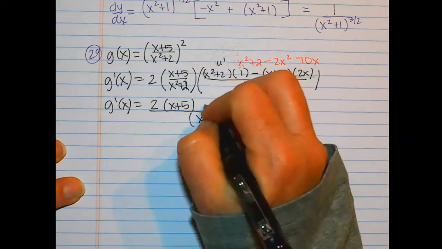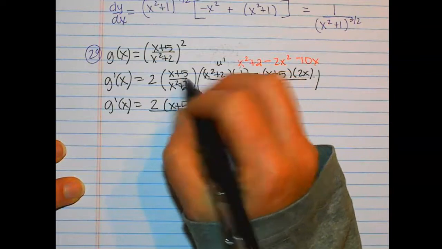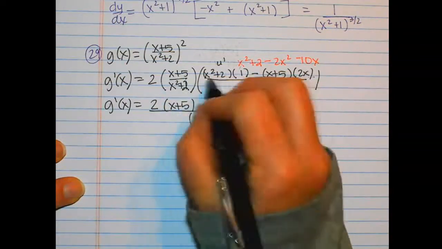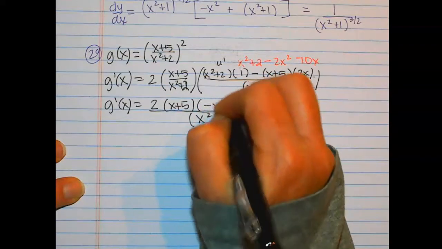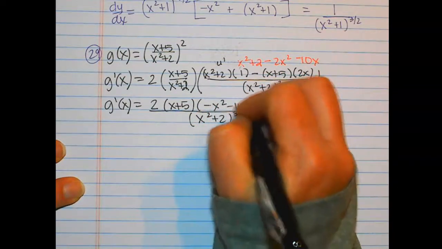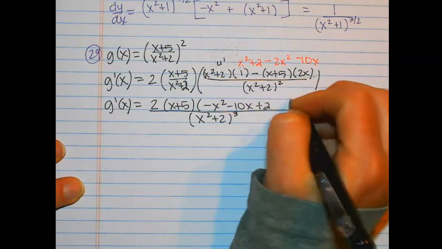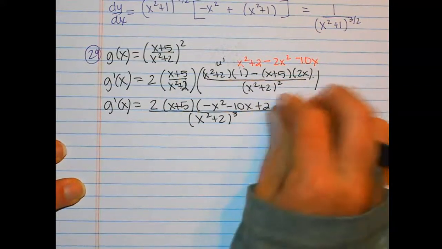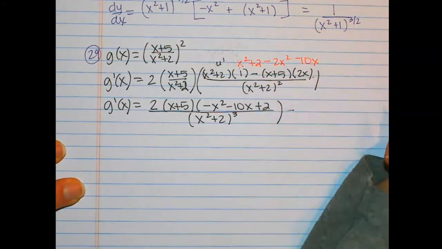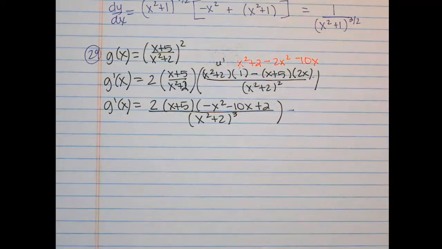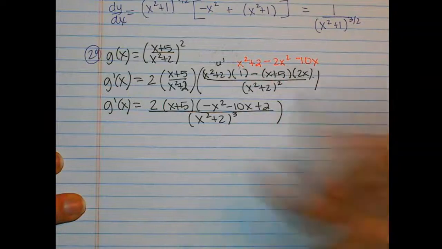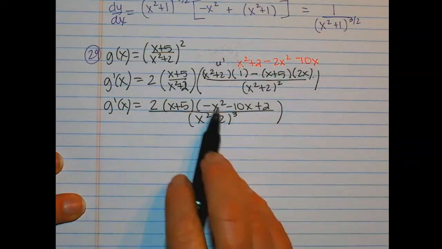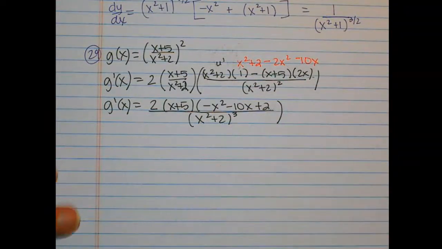That becomes 2 times x plus 5 times this part, which is negative x squared minus 10x plus 2. And the book gave the answer. They took out this negative and put it out here and made this plus, plus, minus. But this is fine the way it is.